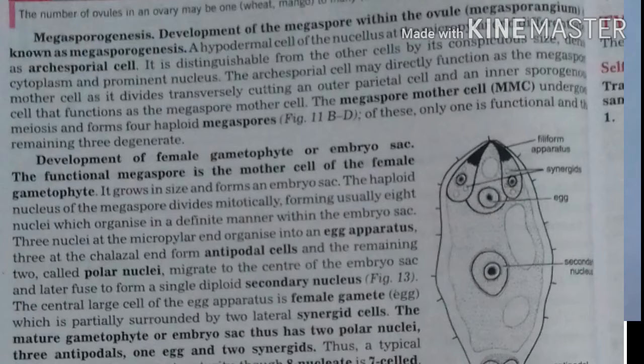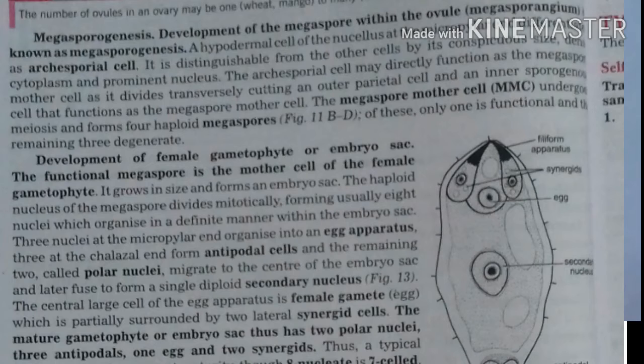A hypodermal cell of the nucellus at the micropylar end differentiates as archesporial cell. It is distinguishable from the other cells by its large size, dense cytoplasm and prominent nucleus.